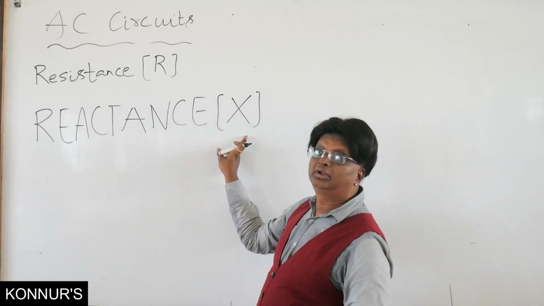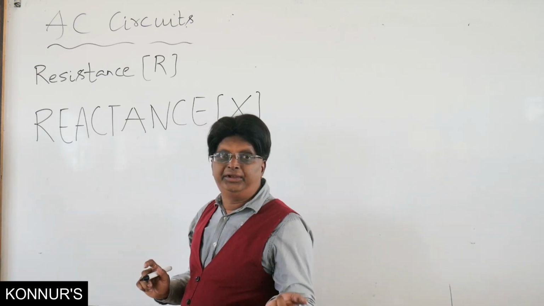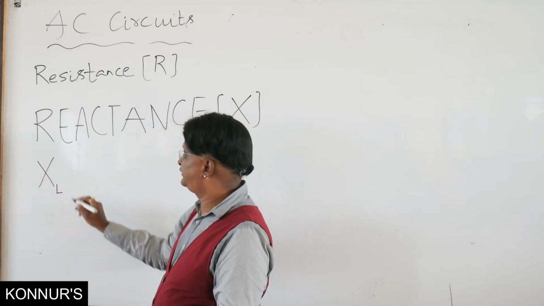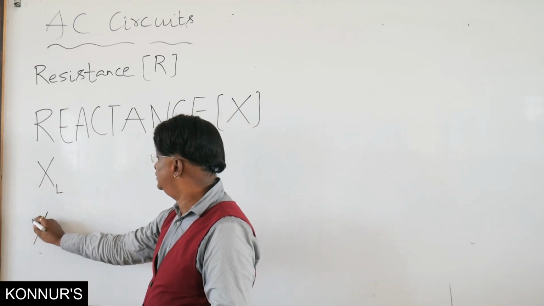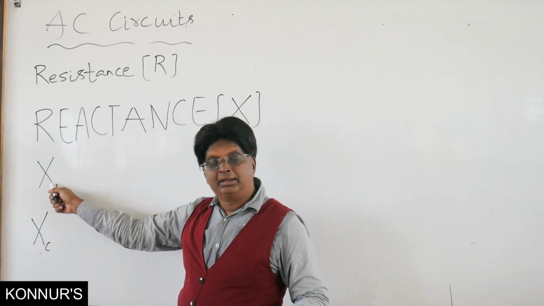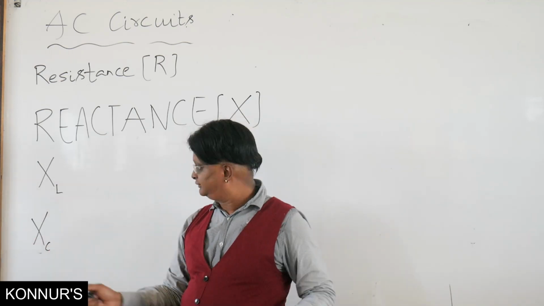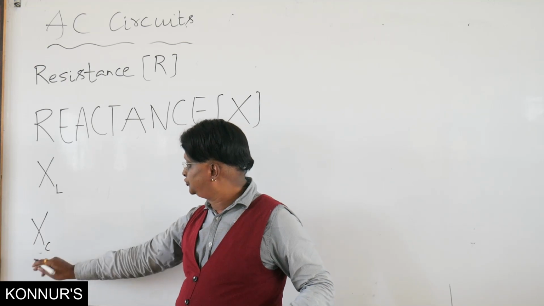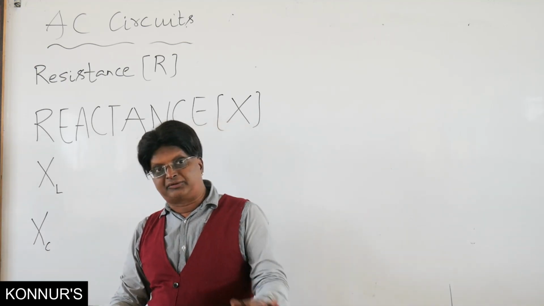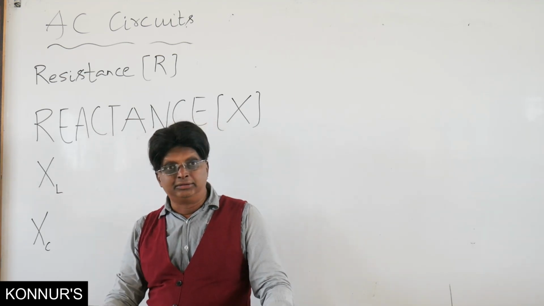The symbol is capital X, and since it is by either an inductor or a capacitor, we have inductive reactance XL and capacitive reactance XC. XL is the reactance due to the inductor, and XC is the reactance due to the capacitor. Now earlier the reciprocal of resistance is taken as conductance with the unit mho, ohm inverse, Siemens.